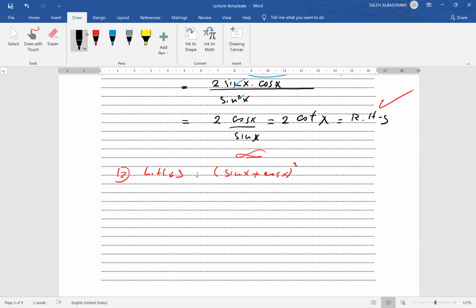This is a plus b square. Using the identity, a plus b square is equal to a square plus 2ab plus b square.